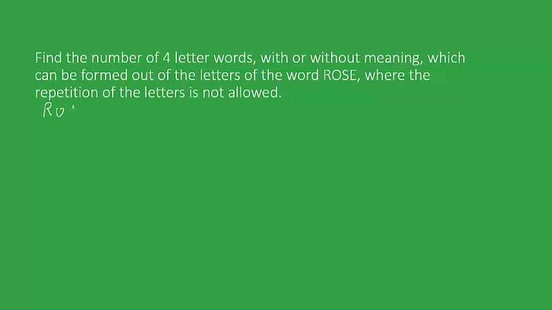So let's write down some of the basic ones. First one can be ROSE. We write down all the letters first, R, O, S, E, and then the combinations, which can be ROSE, ROES, RSOE, RSEO, REOS, RESO.